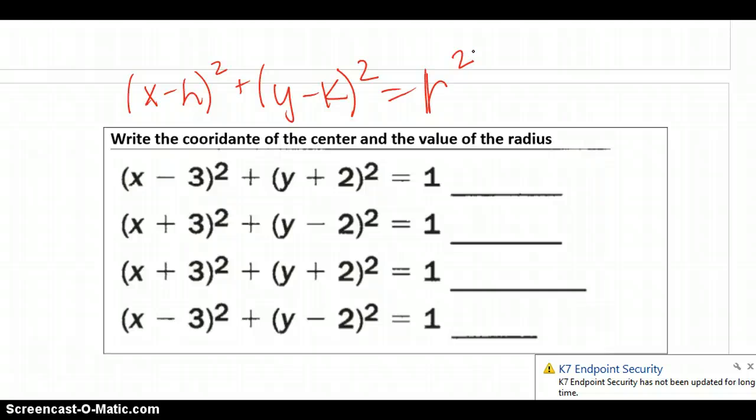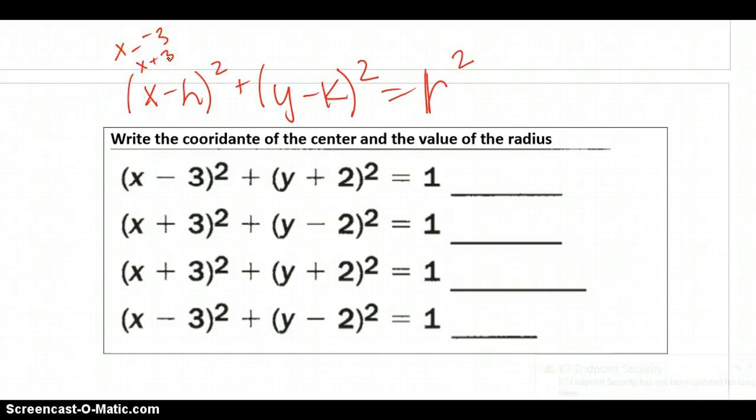So in the first example, is my h going to be negative 3 or positive 3? If I have x minus h, what can I plug in for h here that's going to give me x minus 3? Think. If I plug in negative 3, I would get x minus negative 3, which would give me x plus 3.